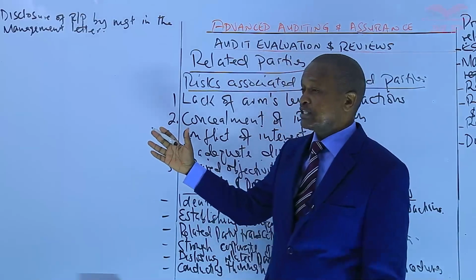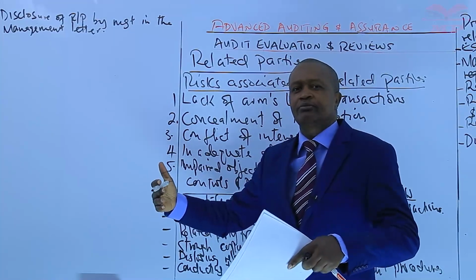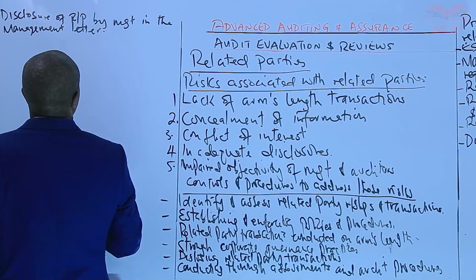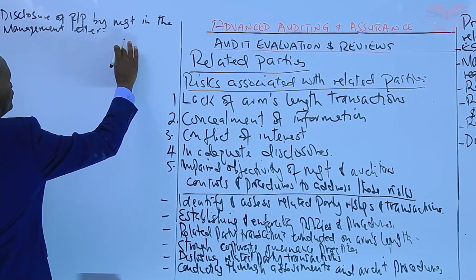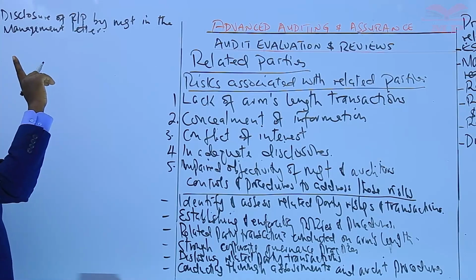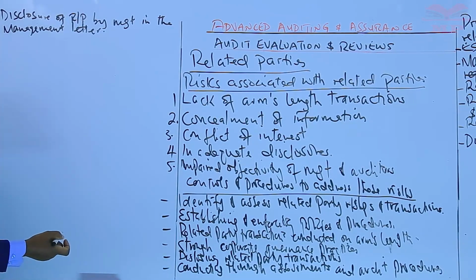But here we are going to discuss generally the management representation letter, which may include several aspects. The disclosure of related parties by management in the management letter may include the identification of related parties.